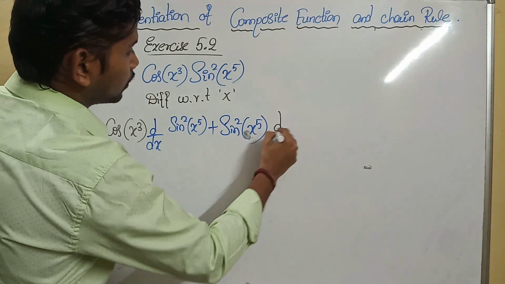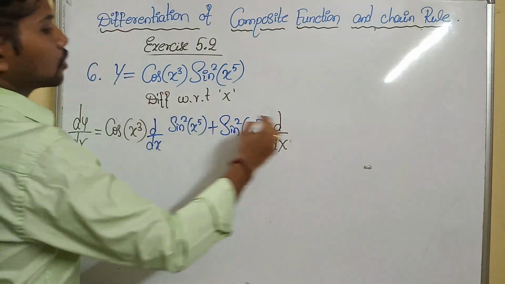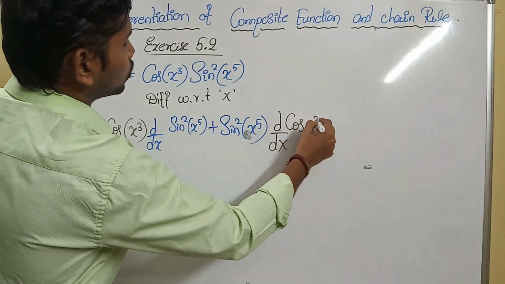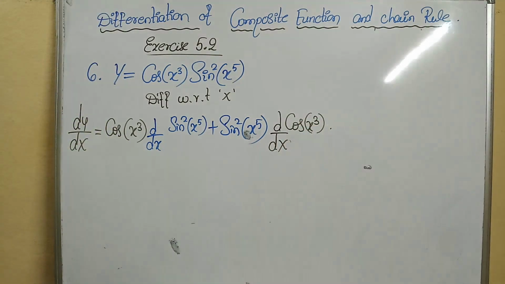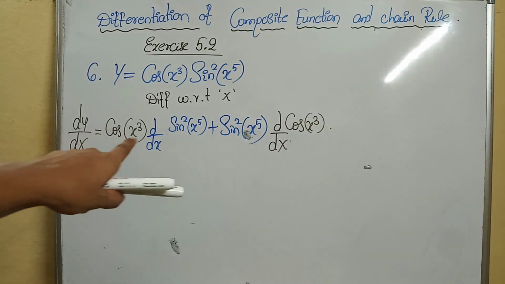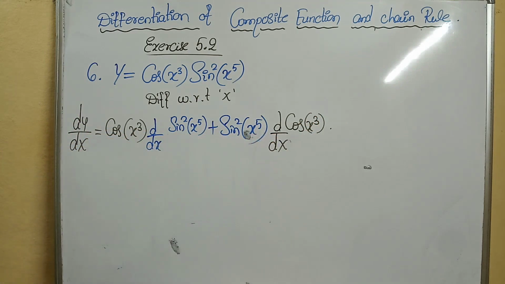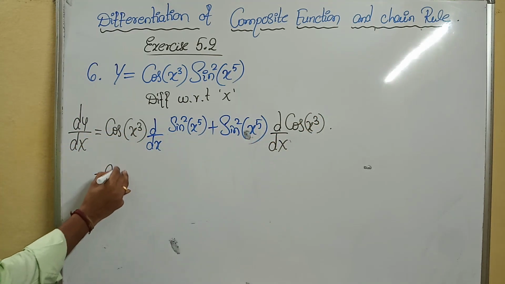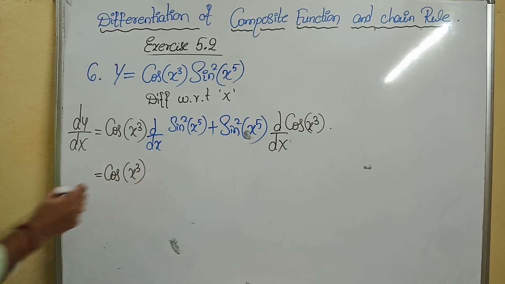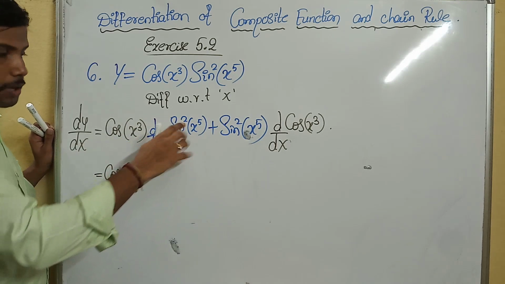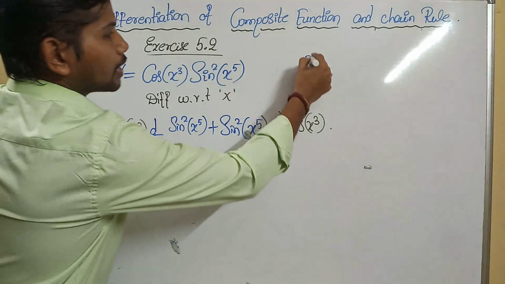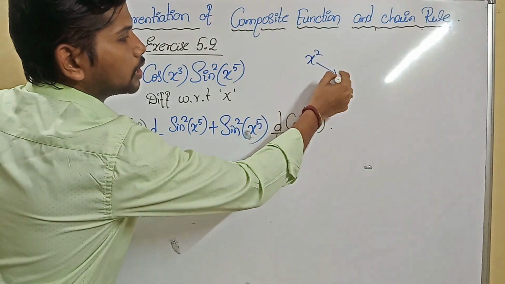D by dx of cos of x to the power 3. Now u derivative of v plus v derivative of u. Then the next step will be cos of x cube. Now in this one the main power is 2. Feel this one as x square. What is the x square derivative? It will be 2x.